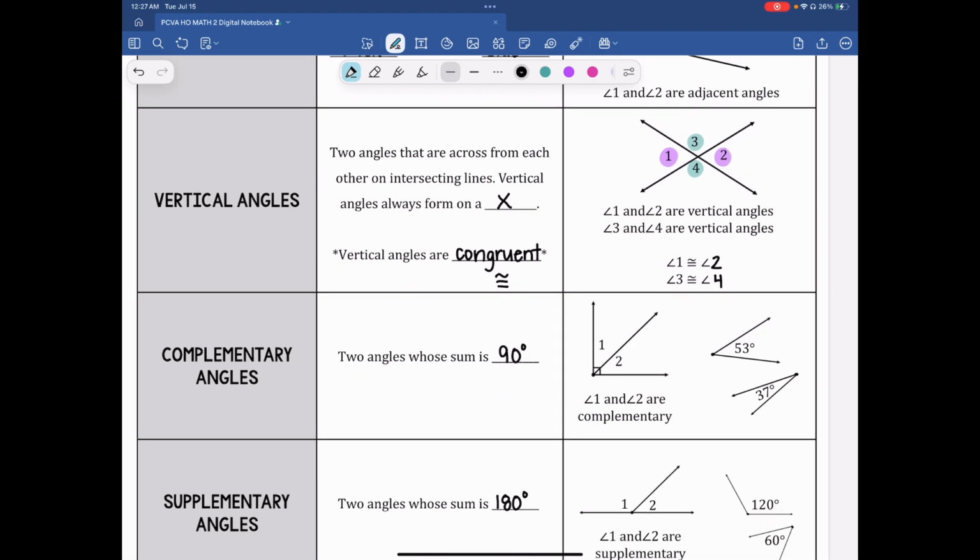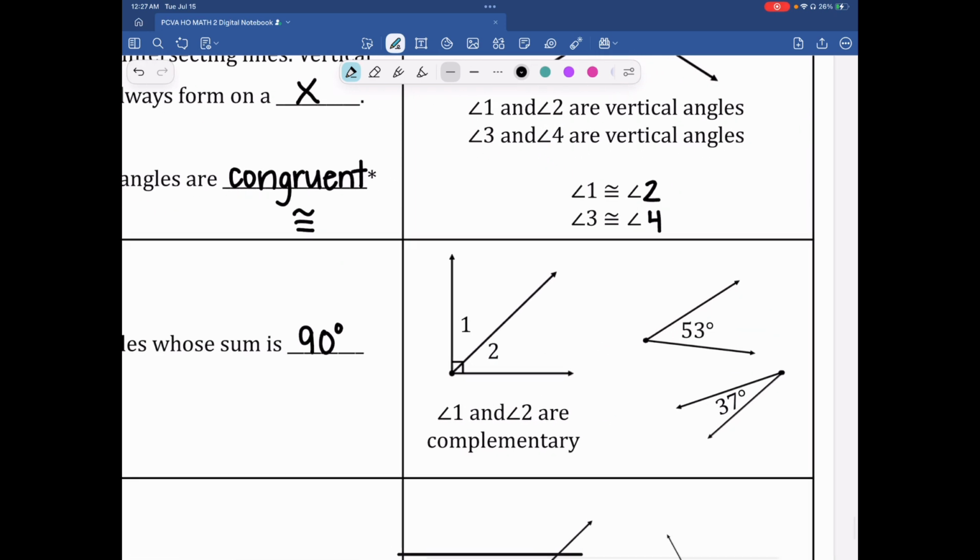Now we also have what we call complementary angles. Complementary angles are simply when two angles sum up to be 90 degrees. Now we can have complementary angles that are adjacent to each other. These two are adjacent because they share that common side. Remember, adjacent angles are going to share a common side, and they share the same vertex.